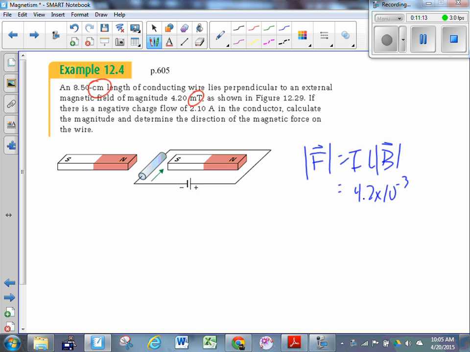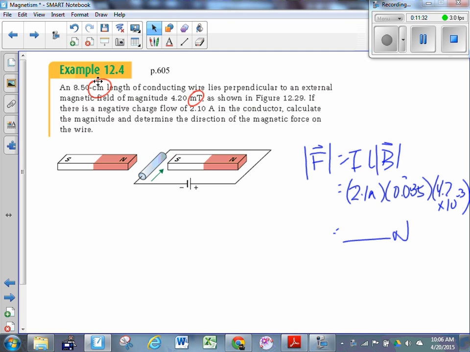No, it's not. It's 2.1 amps times the length of 0.085 times the magnetic field strength of 4.2 times 10 to the minus 3. Whatever that works out to be for the force. Now, for the direction of the force, negative particles, thumb into the page, fingers from north to south, palm points toward the top of the page. So the magnetic force would be toward the top of the page.